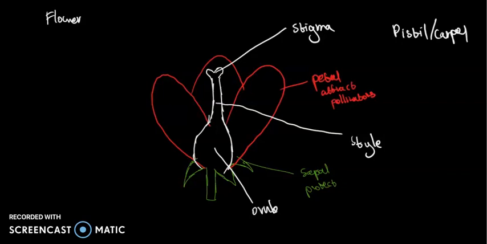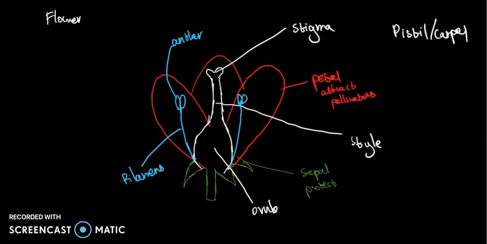Now let's go over the male component. We have these long parts that end with things like this. These things are called the anther, and this long thing is called the filament. So now that we've gone through what a flower looks like, let's go over the reproductive parts.